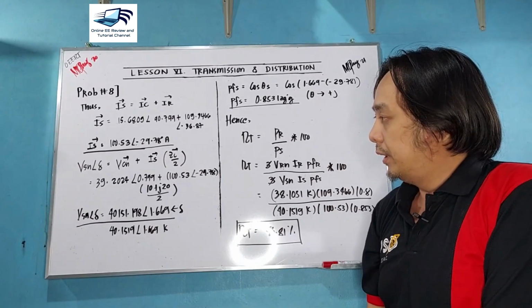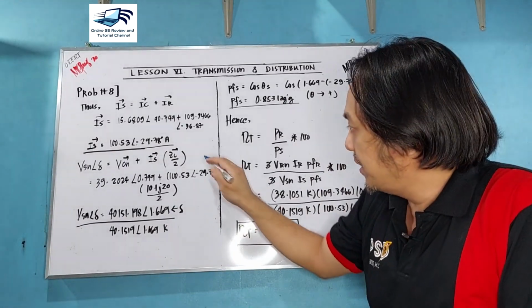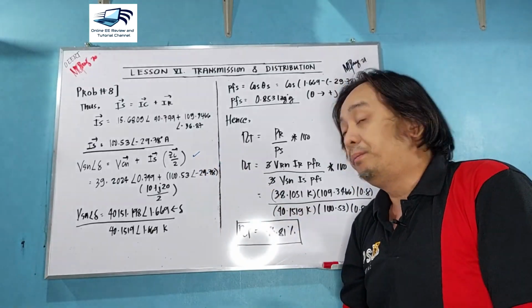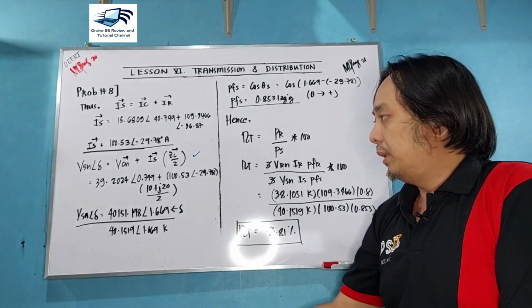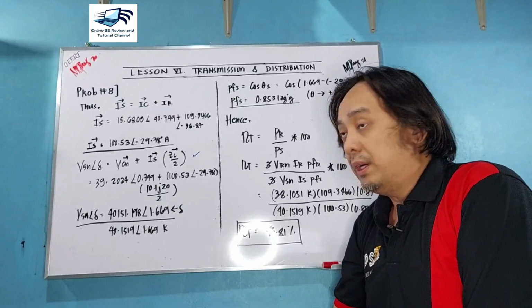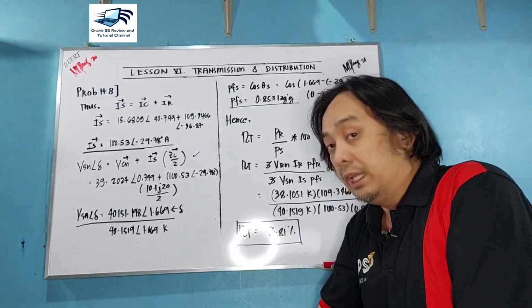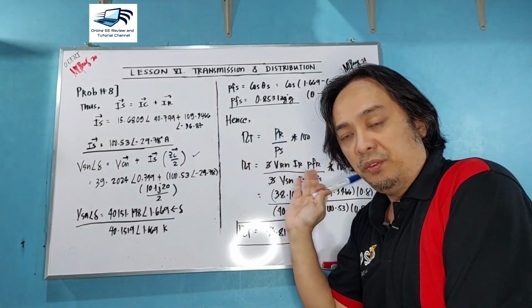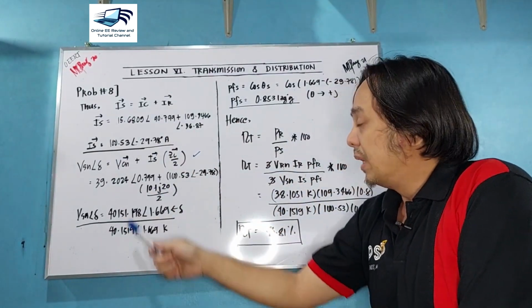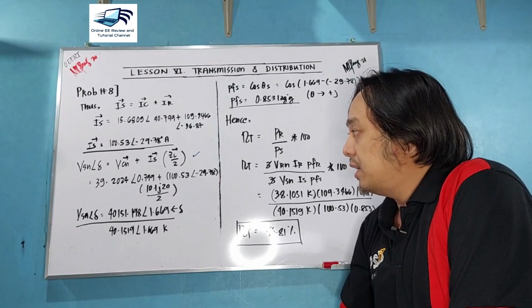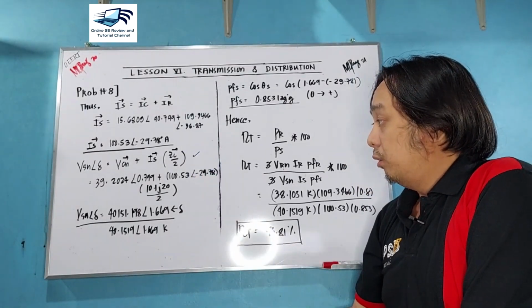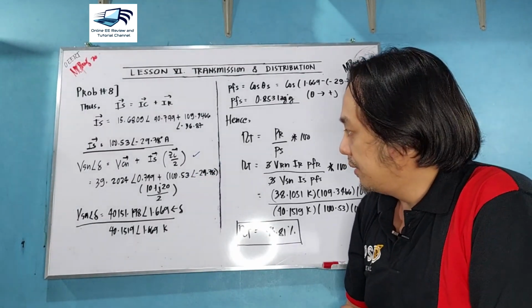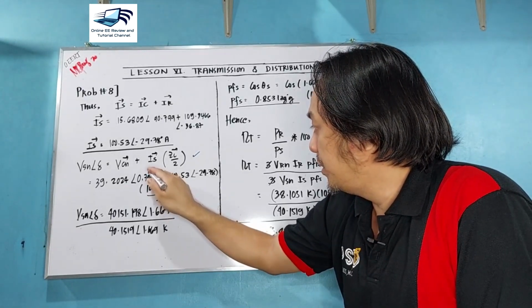Another recall, that we already have established this equation from the circuitry, so we can now get VSN ∠ alpha. Alpha is the transmission angle, the difference between the angles of your reference and your sending end. So we have VCN plus IS, then multiply by ZL over 2. I forgot to mention this is kilo.